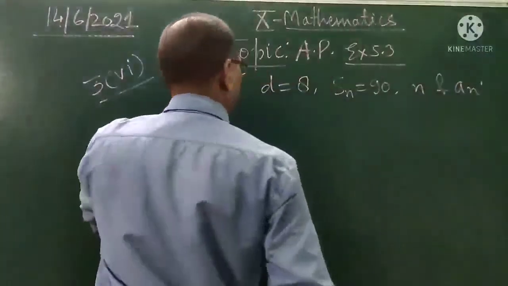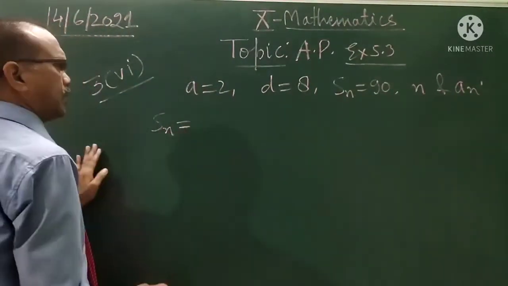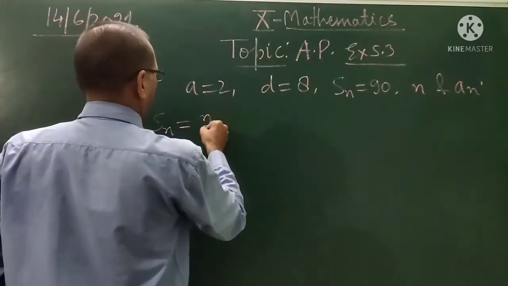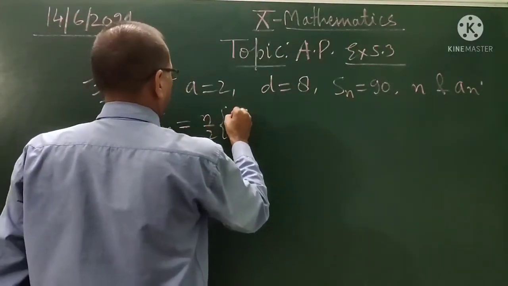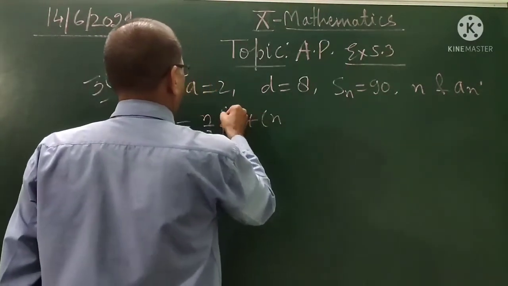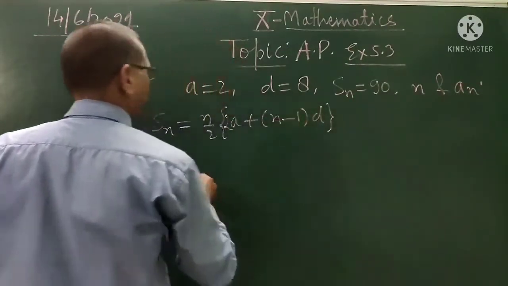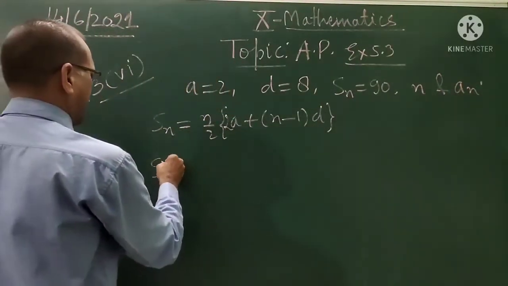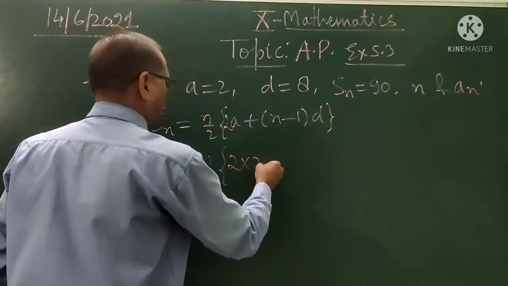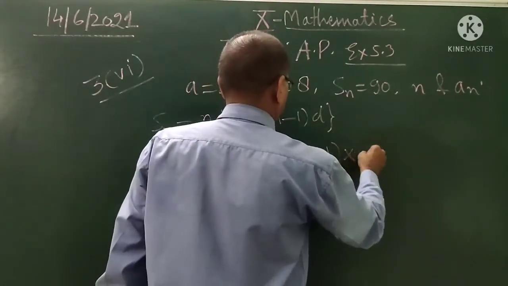Student, there is a formula of Sn. Sn equal to n by 2 into 2A plus n minus 1 into D. Sn is 90, n by 2, 2 into A is 2 plus n minus 1 and D equal to 8.